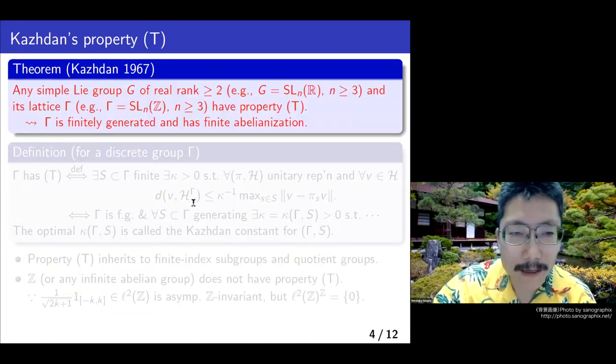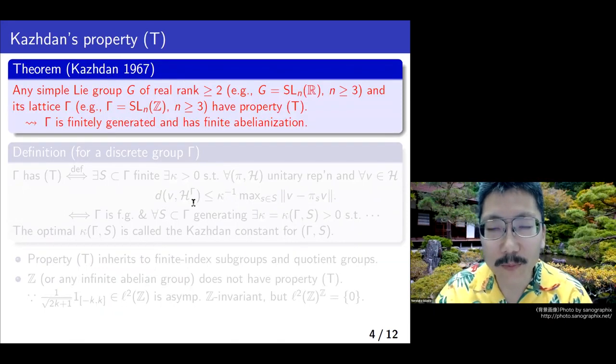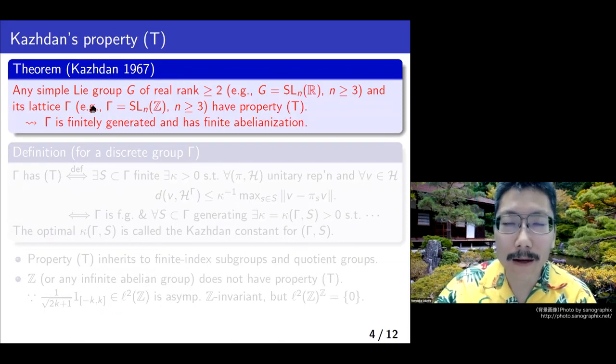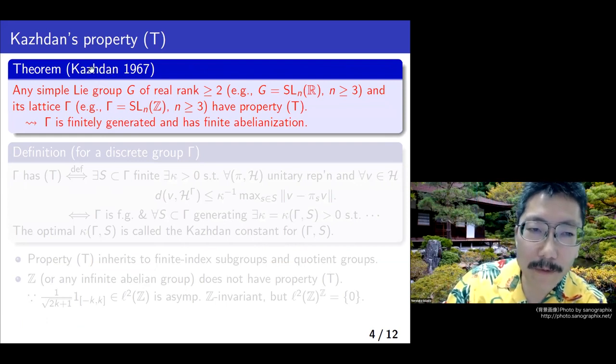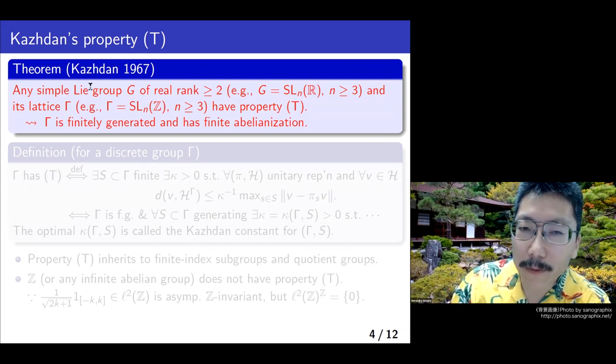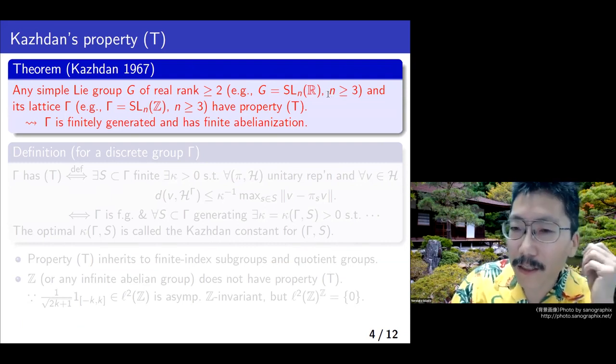Okay, let me introduce what Kazhdan's property T is. It was introduced by Kazhdan when he was very, very young. He proved that any simple Lie group G of real rank at least 2, that is SL_n(R) with n at least 3, has Kazhdan's property T as a locally compact group.